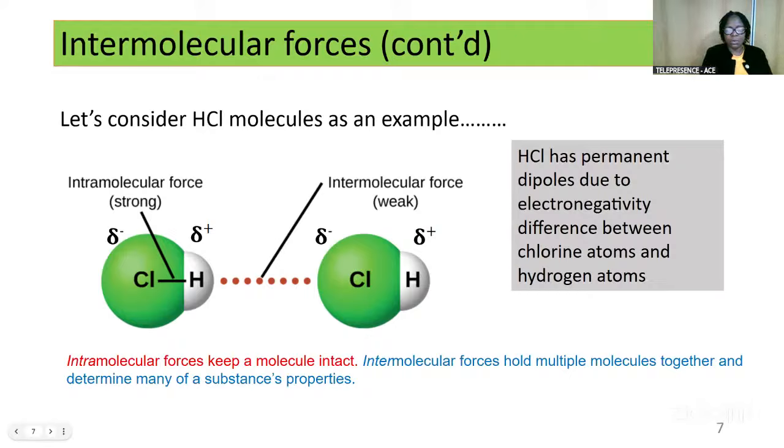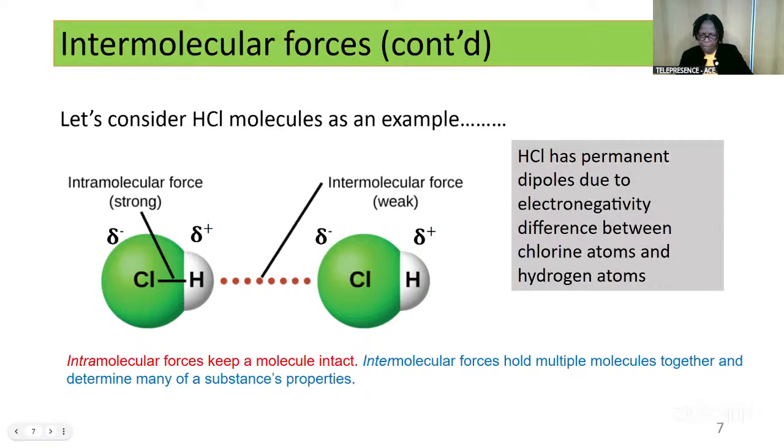Coming in proximity with another molecule, there has to be an attraction to hold them together, and that is what the intermolecular force does. It's a weak force, but it holds all the different single molecules together. So when you imagine 1 mole of HCl, you can see how all of those molecules are held together in the gaseous state. Partial charges are indicated here for you to comprehend all that I've been saying.